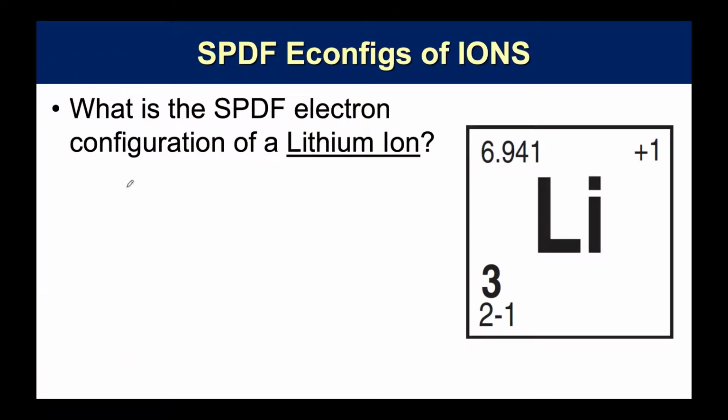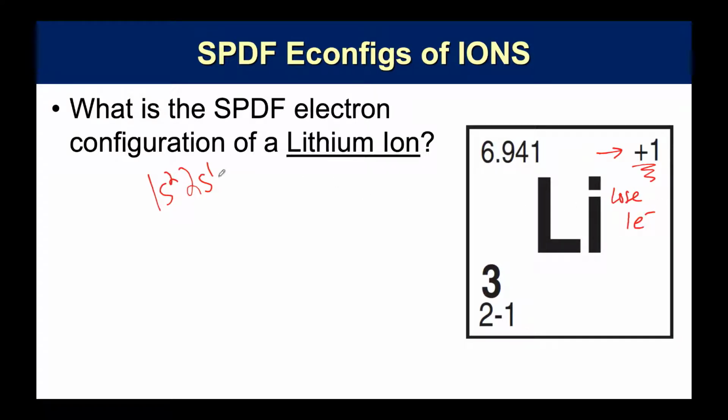Before we move on, let's just cover what happens when you have a positive ion. Here we are trying to write the electron configuration for a lithium ion. So we want to write its original SPDF electron configuration, which would be 1s2, 2s1, short and simple. Now we want to look at the most common ionic form. We see here it is a +1. That means I am going to lose 1 electron.